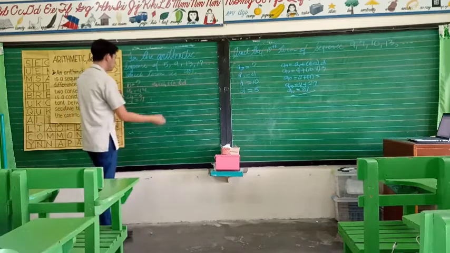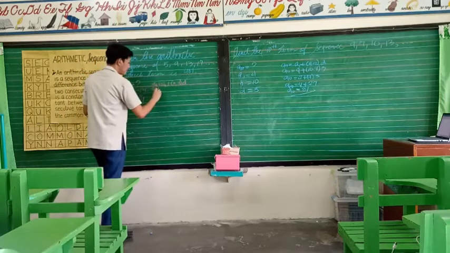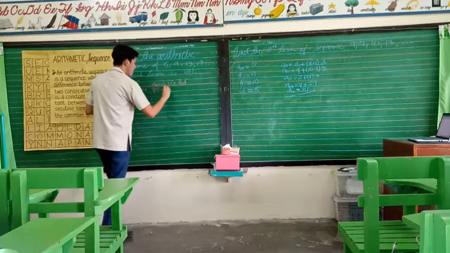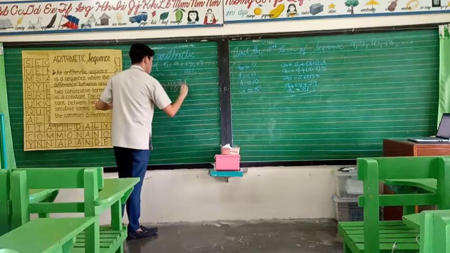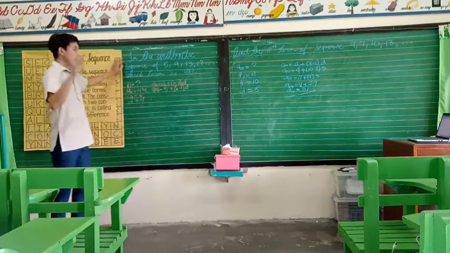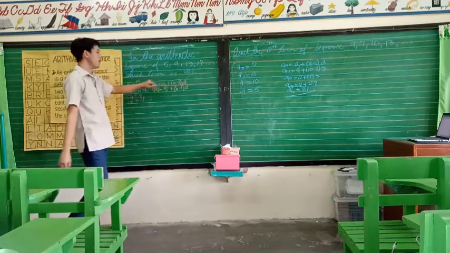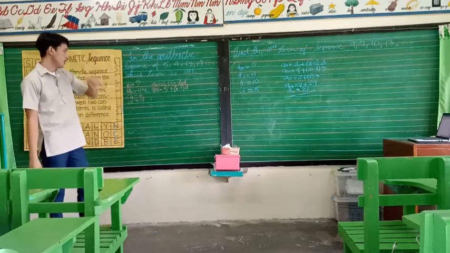So, substitute: 401 equals 5 plus n minus 1 times 4. This given is hard, right?